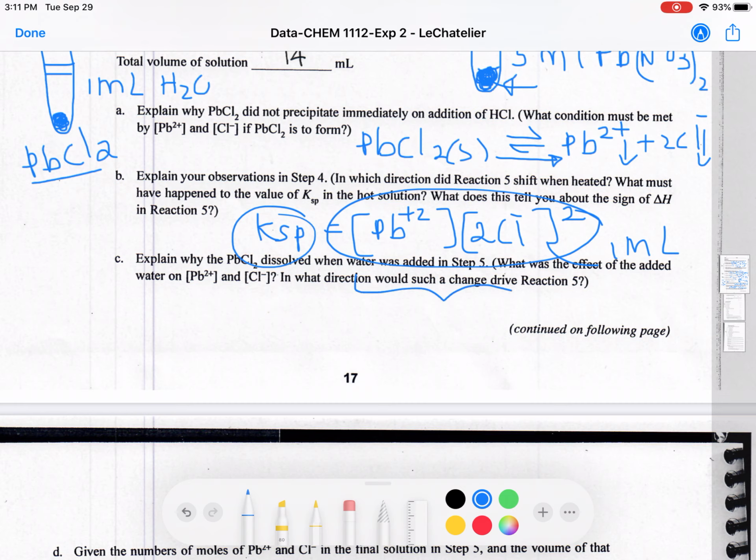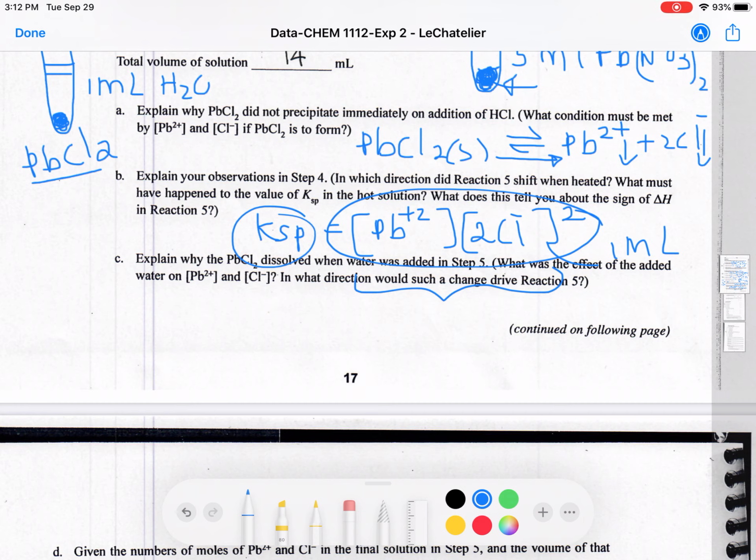The product of these two concentrations reaches the Ksp value, so then you will see a precipitate form. So that is the explanation why lead chloride did not precipitate immediately on addition of HCl, because it doesn't have enough chloride ions, or the product of the lead ions and the chloride ions had not reached the Ksp value of the lead chloride.